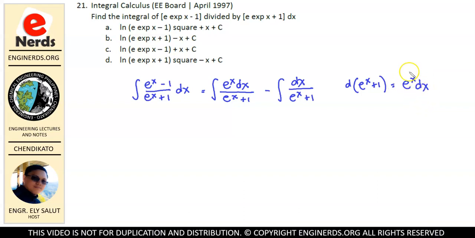Yan na yung nasa numerator natin. So, that means we can easily solve this as ln of e to the x plus 1.